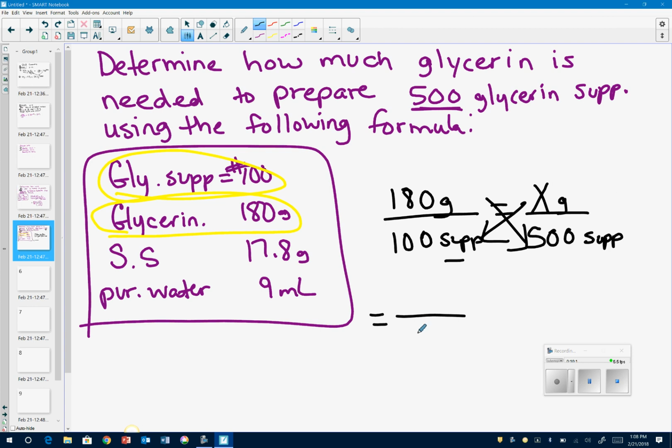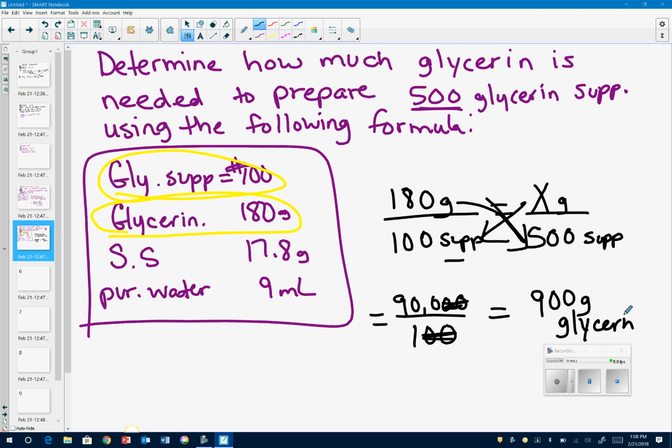So x times 100 goes down here on the bottom. 180 times 500 should equal 90,000. And we could do this an easy way and just take out the 2 zeros, and it's 900 divided by 1. Or if you divide 90,000 by 100, you'll still get 900 grams of your glycerin.